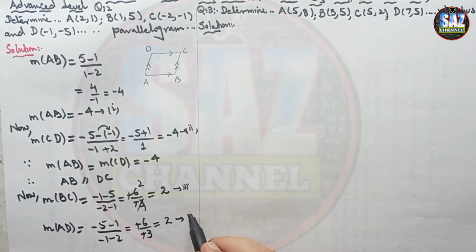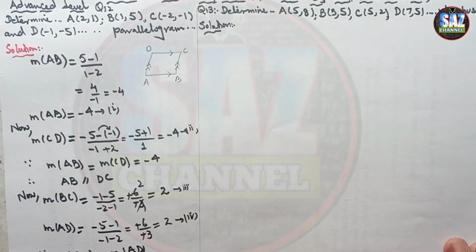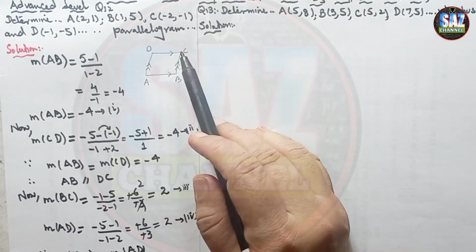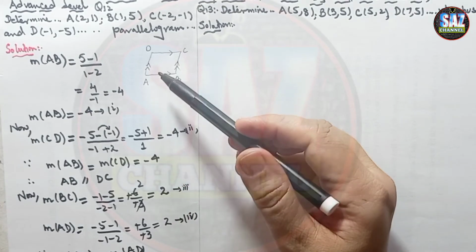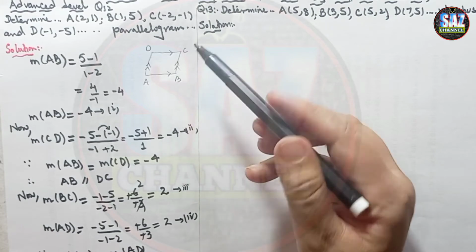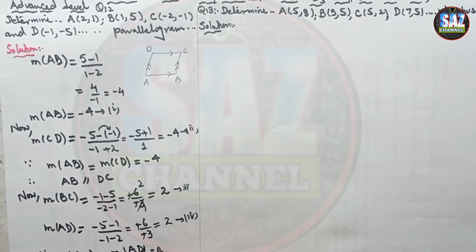We can observe that gradient BC equals gradient AD. As in the beginning we have proved that AB and CD are parallel, their gradient is the same, and now we are proving that AD and BC have the same gradient, they are parallel.